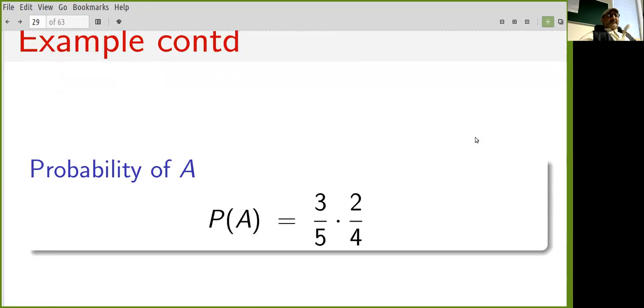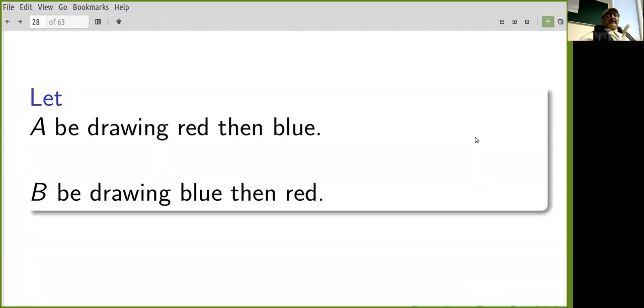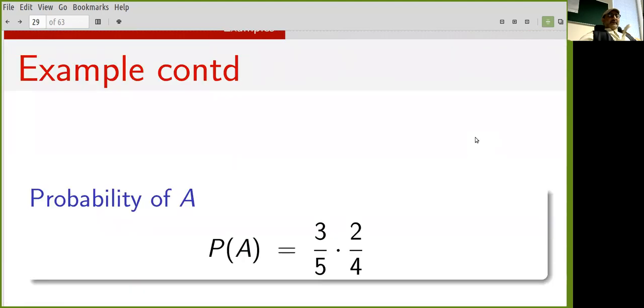Now, what's the probability of A? A is red, then blue. Well, 3 socks out of 5 were red, so you had 3 out of 5.